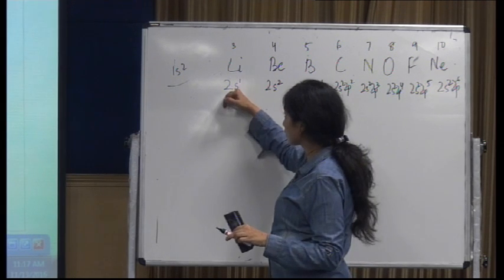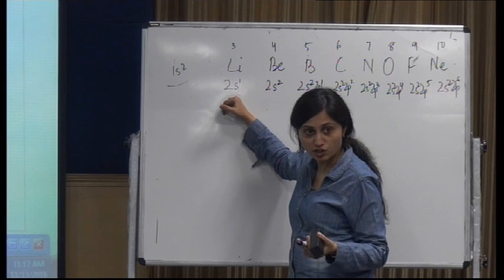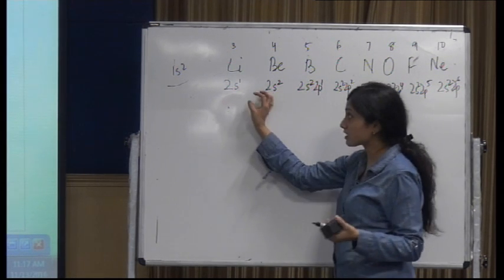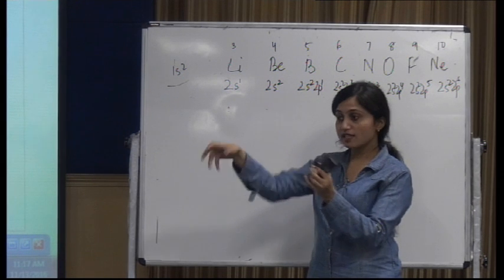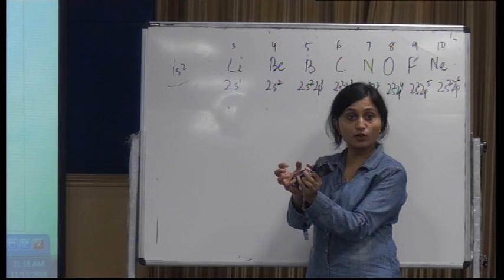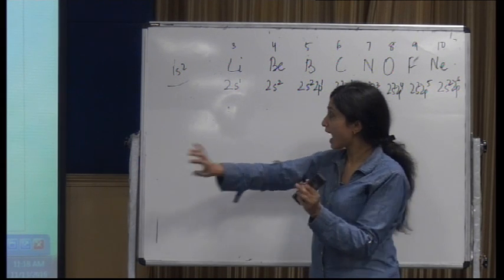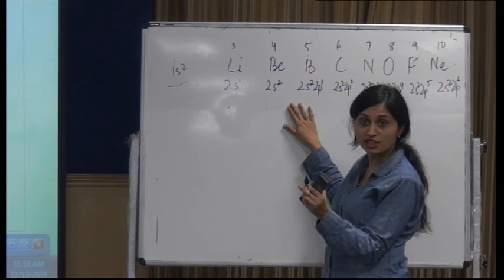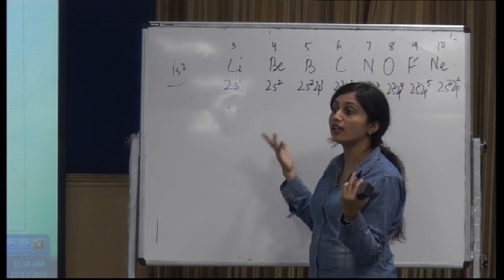To remove this first electron there was some energy required. What is that? Ionization energy. Now if it is tightly held, the effective nuclear charge has increased, and in the same shell the electrons are more tightly held, so you require more energy to remove the electron. And if you require more energy, that means ionization energy will be more.